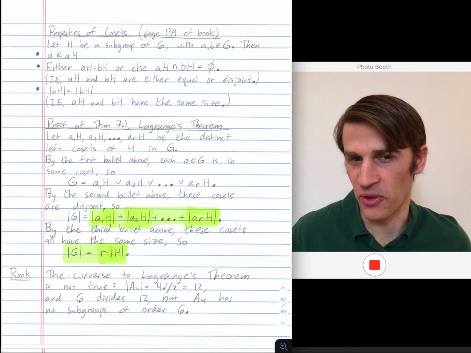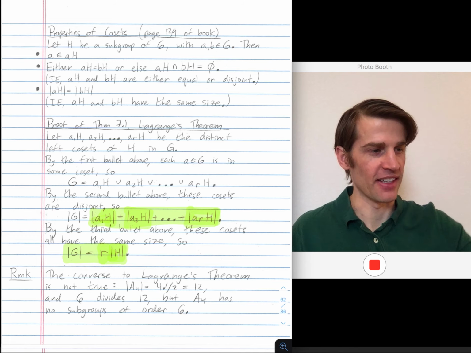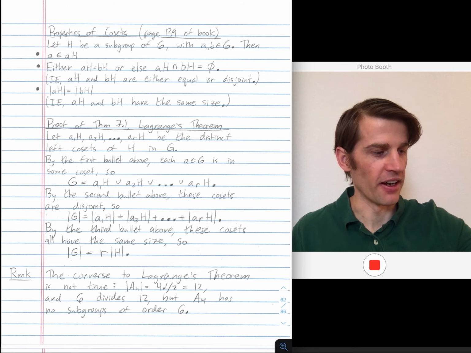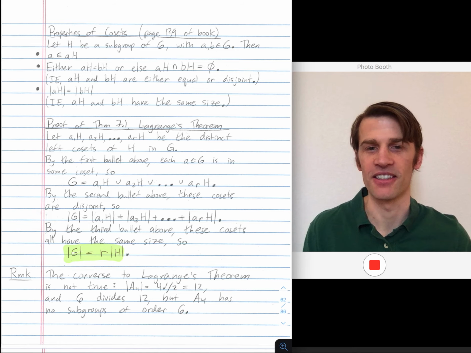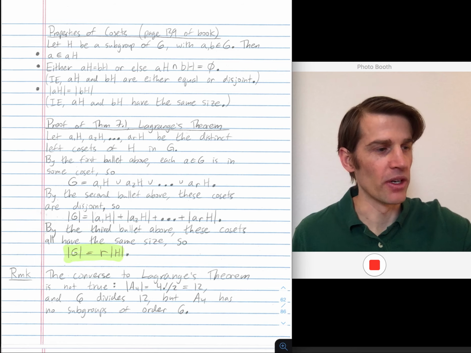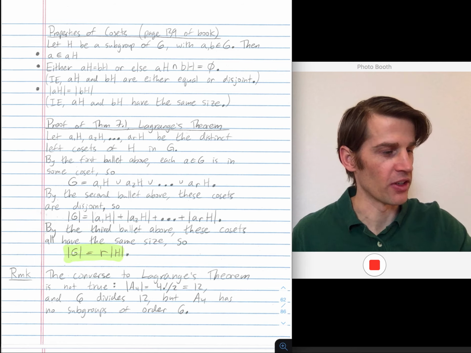So from this equation, we certainly get that the size of H divides the size of G. And what is the quotient? So what is this fraction, the size of G divided by the size of H?